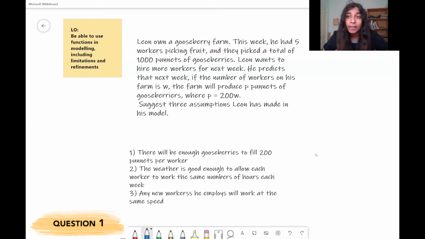So one way to reduce the limitation of the model is you could incorporate that.